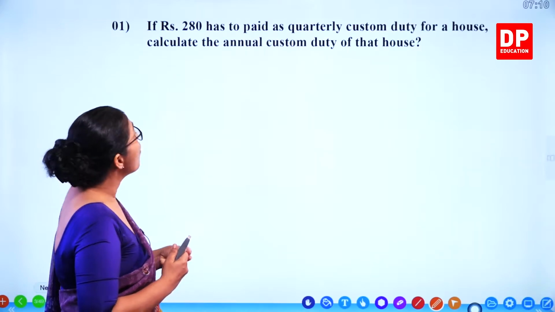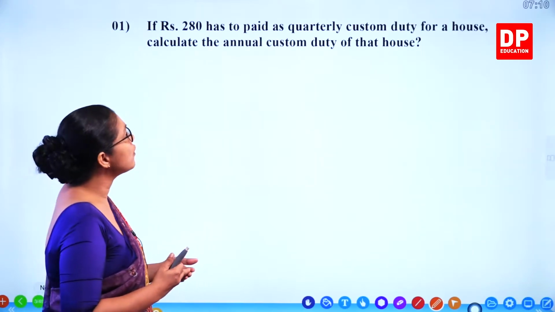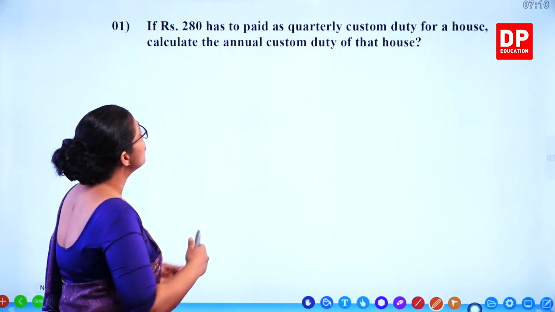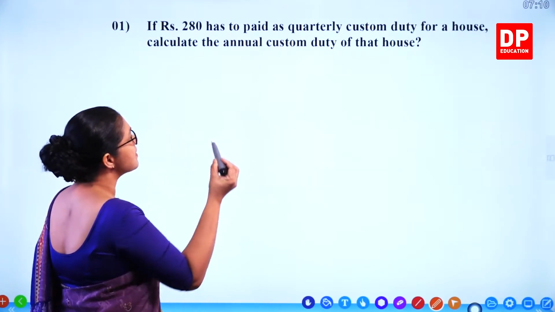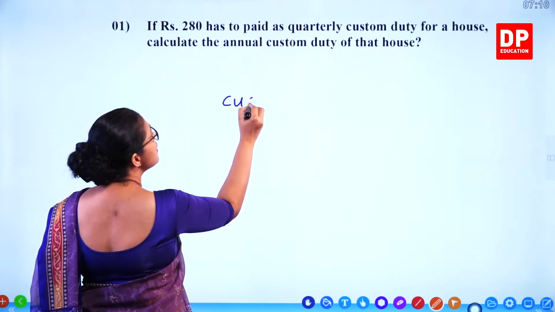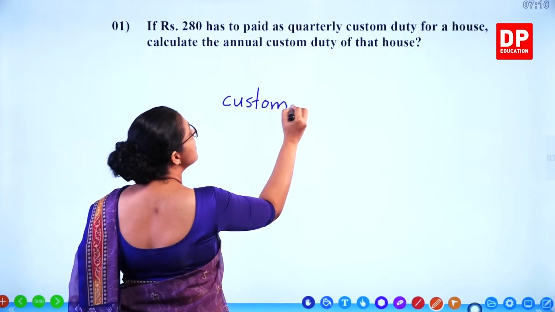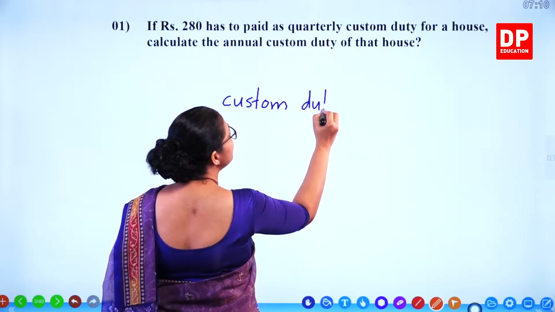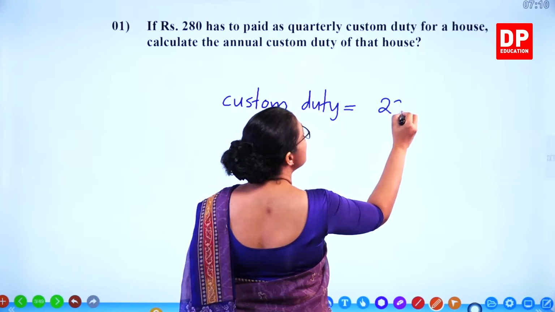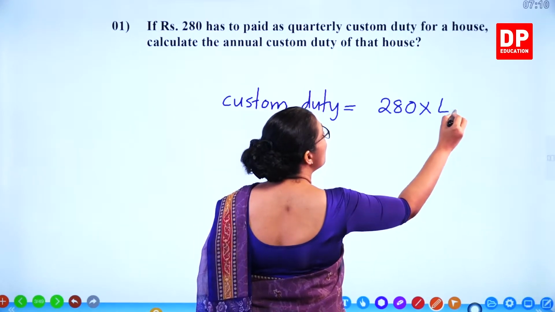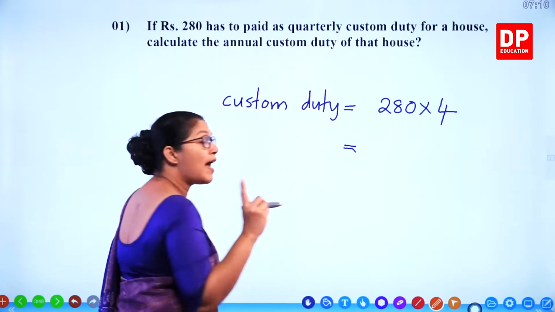So, quarter means 1/4 of a year. So, you have to just multiply by 4 to get the annual custom duty. So, custom duty is equal to 280 times 4 because quarter value is given.